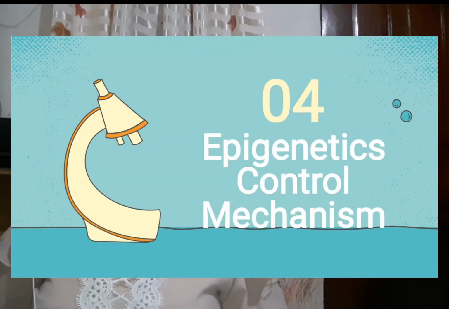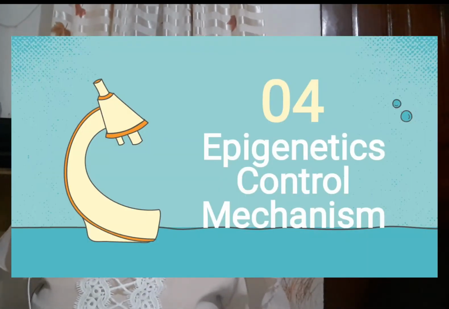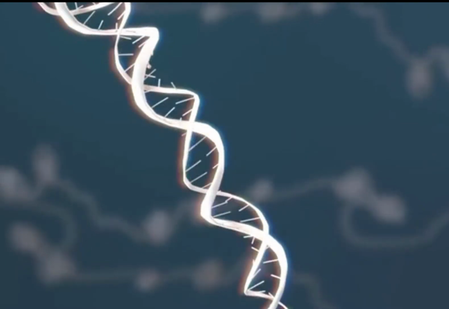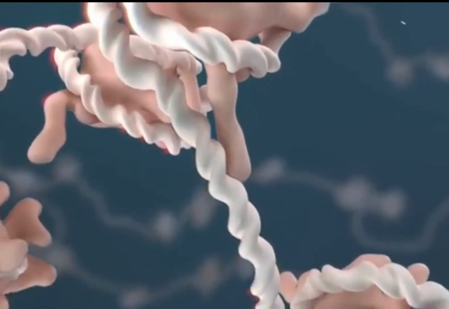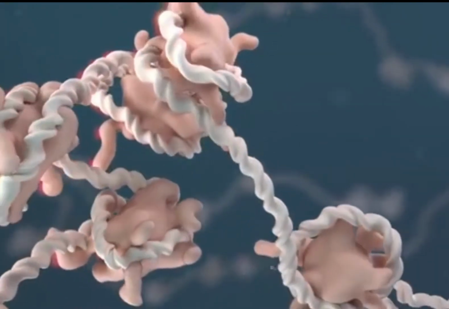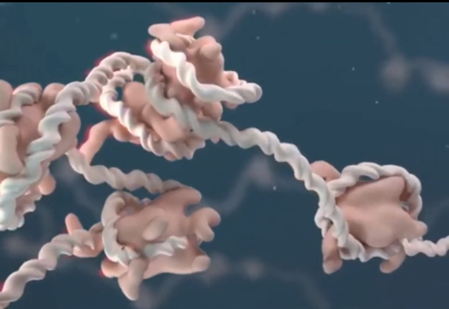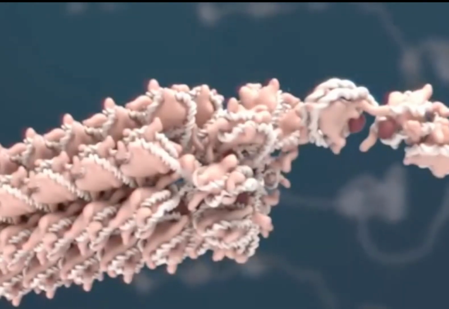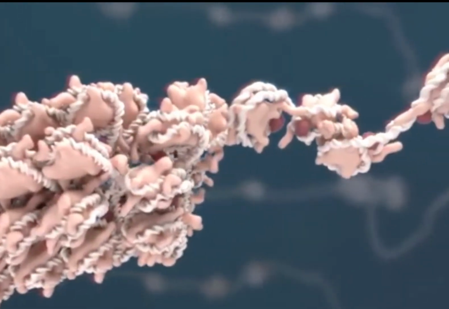So let's move on to our fourth subtopic, which is all about the epigenetic control mechanisms. Our genetic code or DNA is directed, controlled, and regulated by epigenetic factors which surround and scaffold DNA in order to work the cellular mechanisms of life.